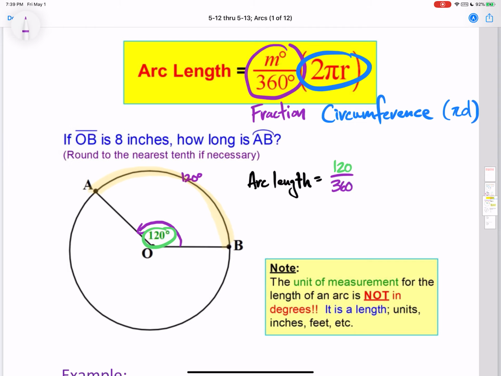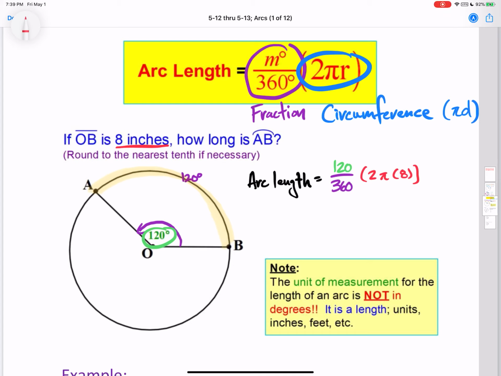So there's our fraction. And we're going to multiply it by 2 pi r. Well, what is r? R in this case happens to be 8 inches. So we're going to multiply it by 2 times pi times 8 inches. Okay, so all I did is I just substituted my information in here.